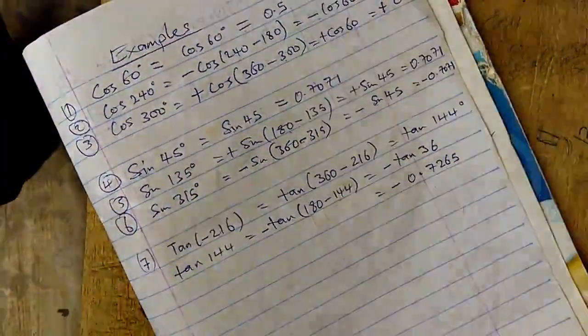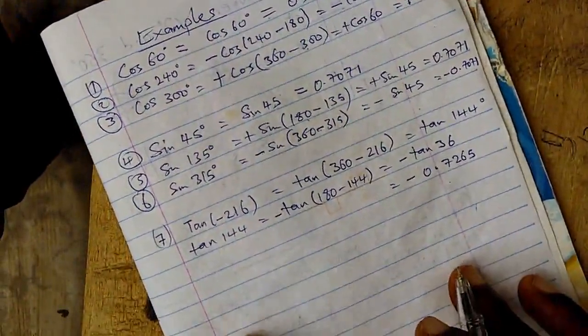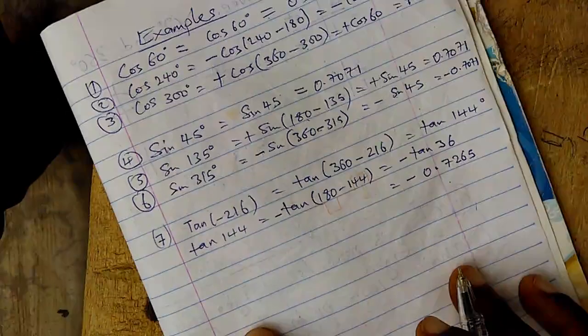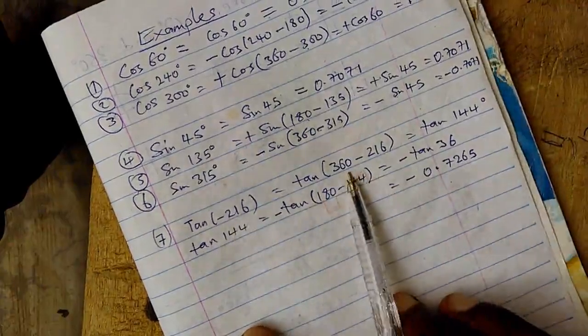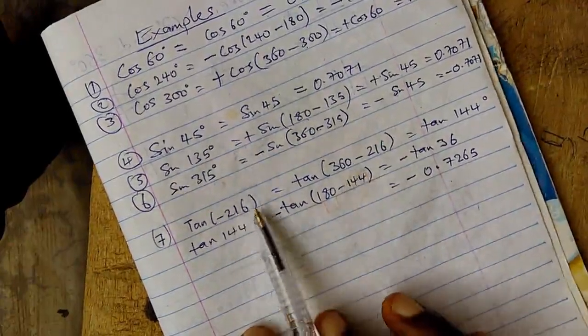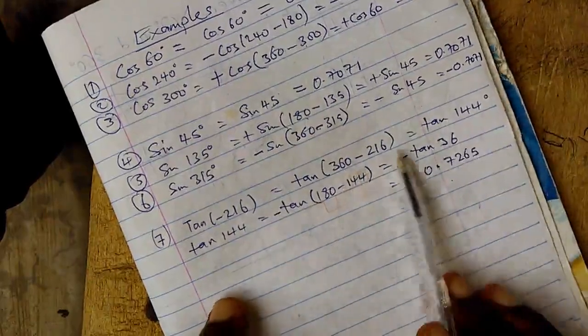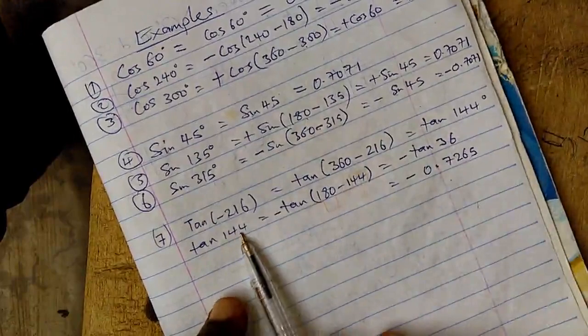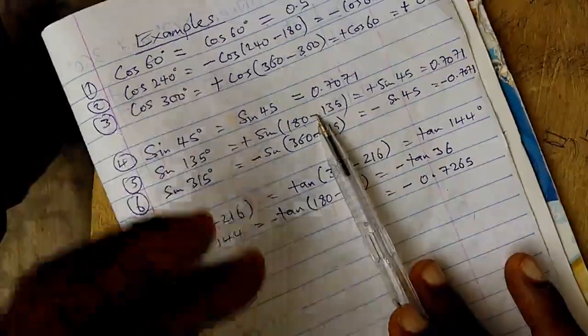All right. That's how to go about that. If you have a negative value for the angle, you subtract that from 360, then you get a positive value. Then with that positive value, you now follow the normal steps you have been following.